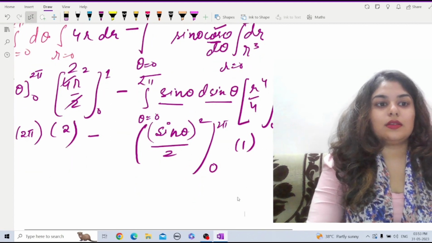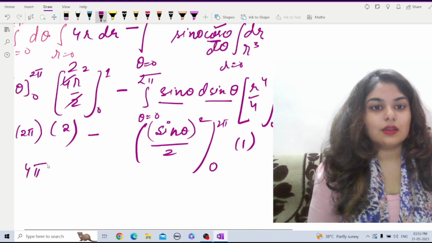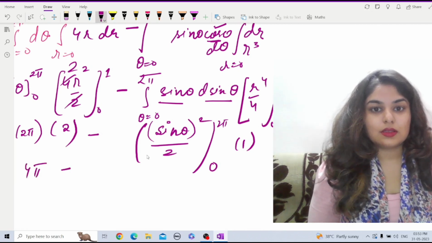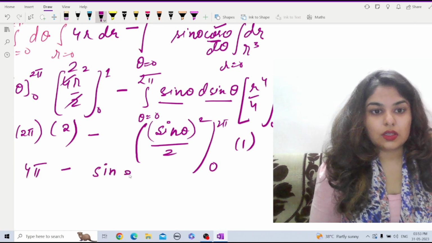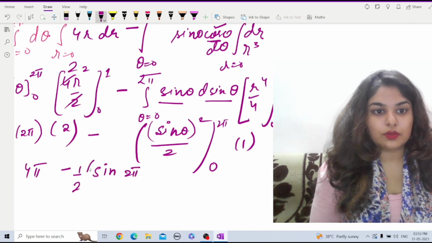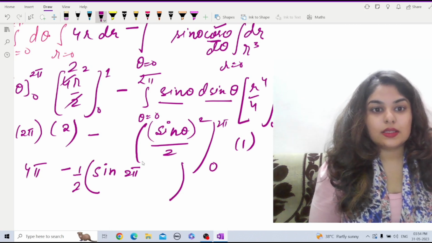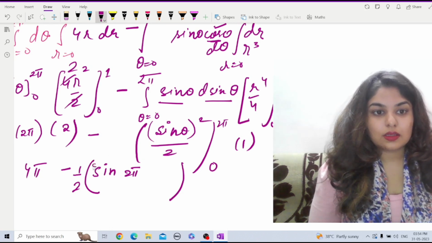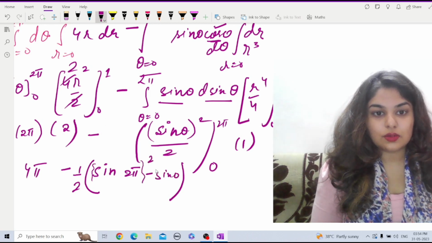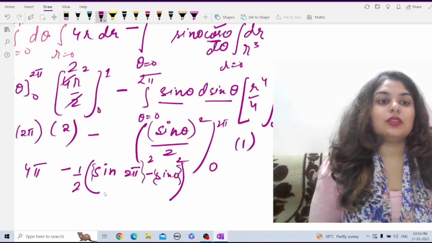So if we write it simply, this is 4 pi minus 1 by 2, and in brackets we have sine 2 pi square minus sine 0 square. So this we have to now solve.